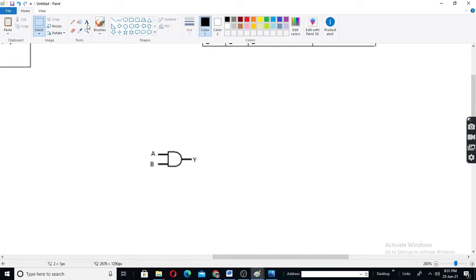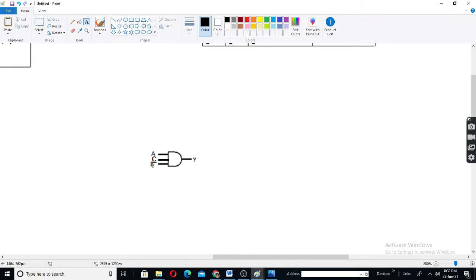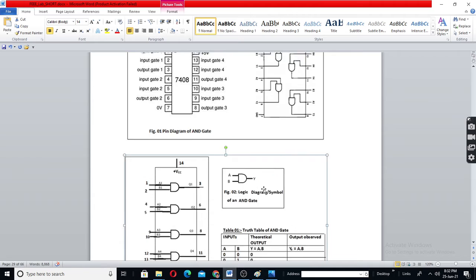A, B, and I can put another input and write here C. So the output will depend upon the values of three inputs. So A, B, C. So for simplicity, we are taking only a two-input AND gate here.